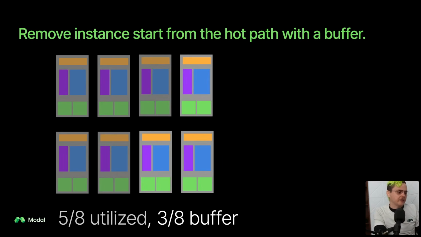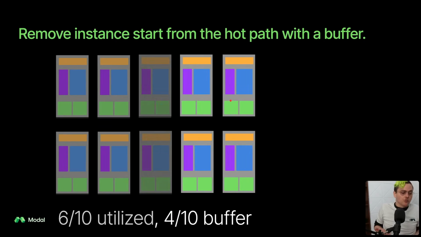So when a request comes in that somebody wants to allocate these 2 GPUs, let's say, to their server, we start setting up their application on one of the GPUs from one of the instances from the buffer. Now they don't have all the work to acquire the instance, make sure that we have availability for it, health check. These things all happen outside of the hot path, and then our buffer has shrunk.